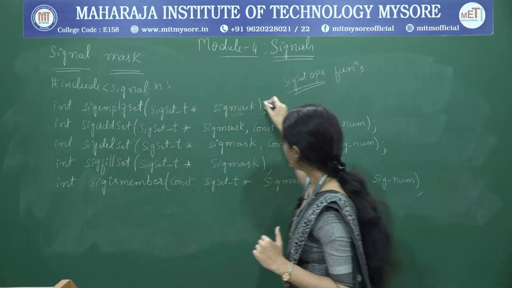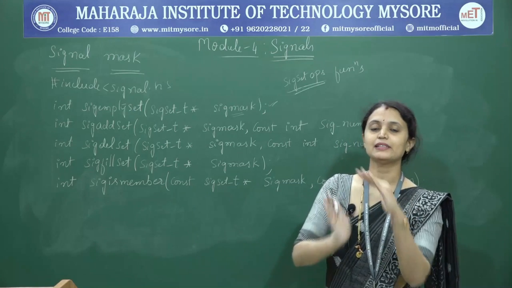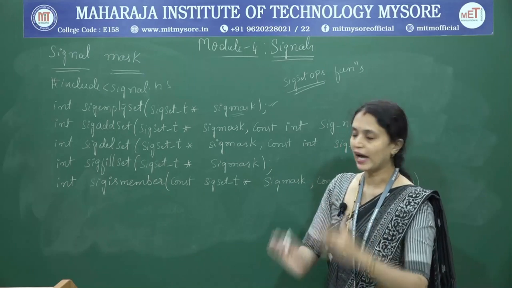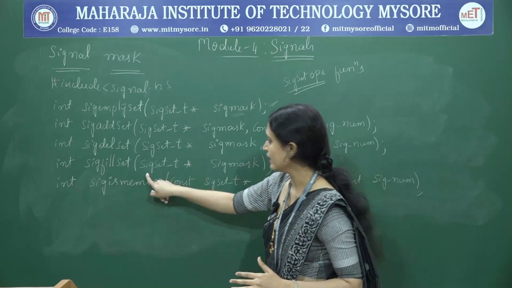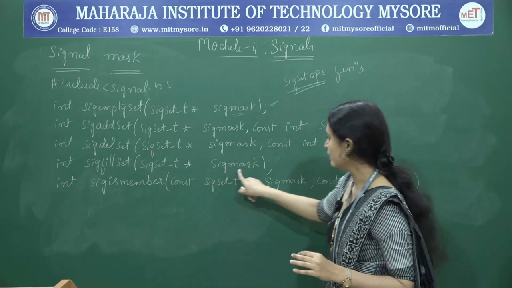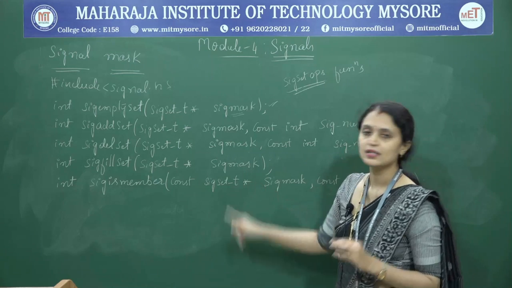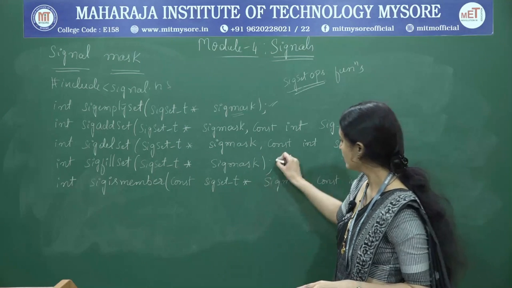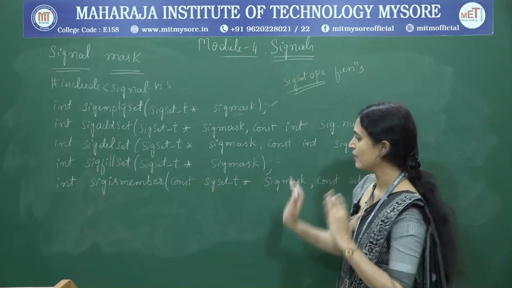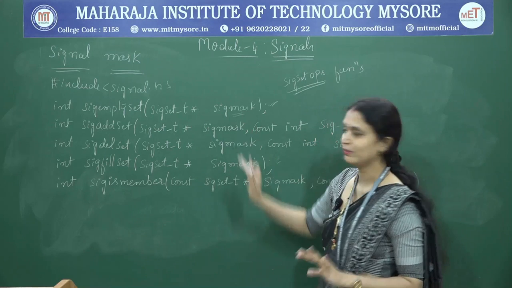But in the case of sigemptyset, in the entire signal mask, that means the complete set of signals, all the flags have to be cleared. Similarly here, sigfillset, in this case all the flags in the signal mask have to be set. So here all the signals in this signal mask will be set, whereas in the other case all the flags will be cleared.